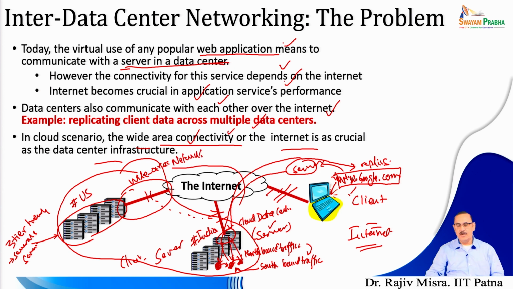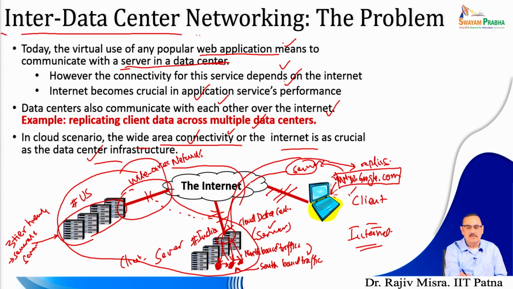So, this wide area network or the internet is as crucial as the data center infrastructure. So, we are going to discuss in this particular discussion, that is called inter data center networking, which is nothing but a wide area connectivity which is required to connect the data centers or to connect the clients to the data center through the internet. This is all requires the wide area networks.